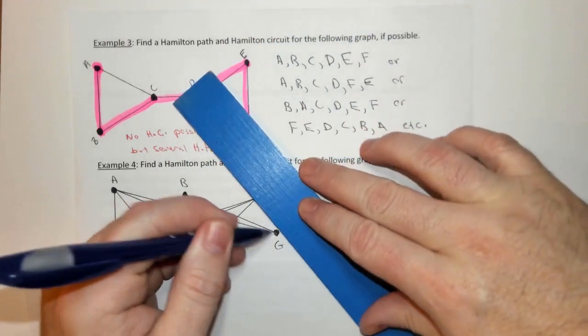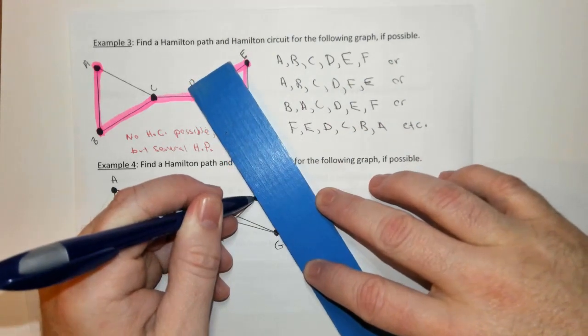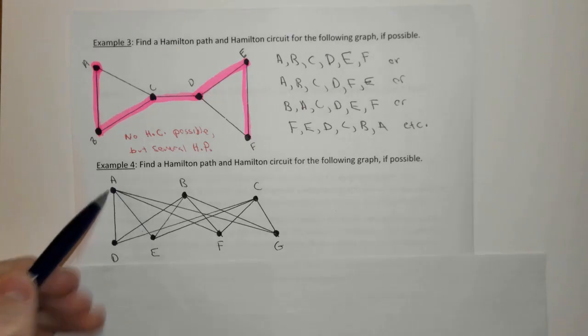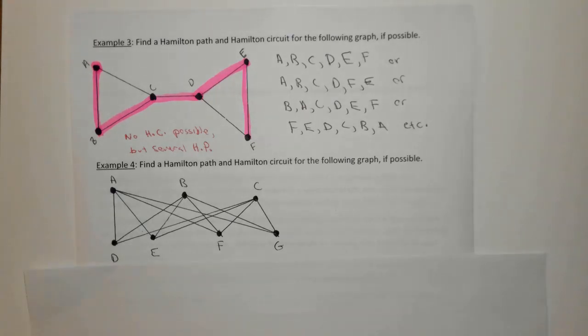So for this example, you see it looks like a spider web. It's a little easier to explain if you just say that the top vertices are adjacent to the bottom ones and the bottom ones are adjacent to the top ones, and that's it. So it says find a Hamilton path and Hamilton circuit for the following graph, if possible.